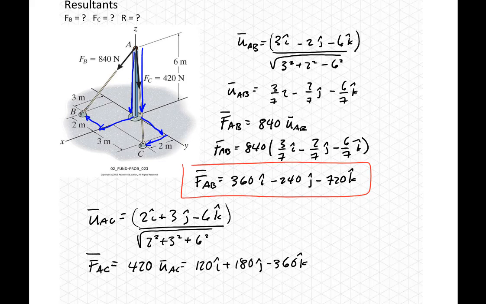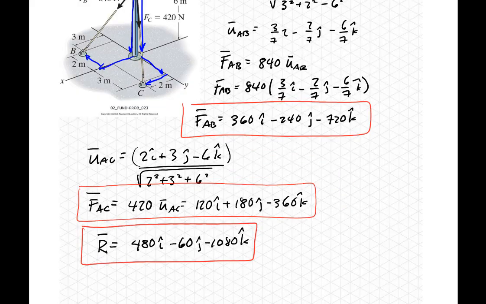Calculating the unit vector and multiplying it by the magnitude 420 will give this vector description of the force. So when you add them together, you just add the i components. 120 plus 360, you get 480. 180 minus 240 is negative 60j. Negative 720, negative 360, negative 1080k.